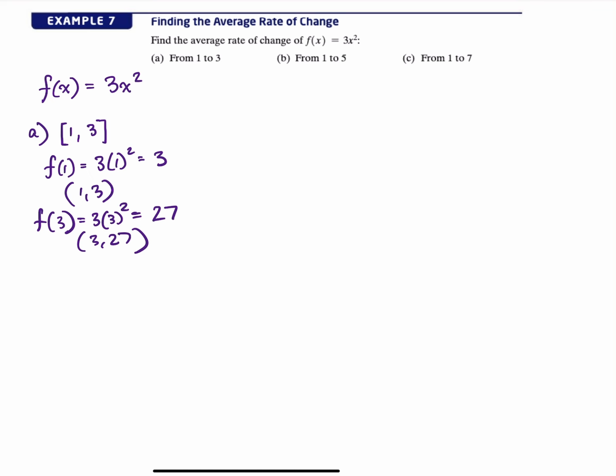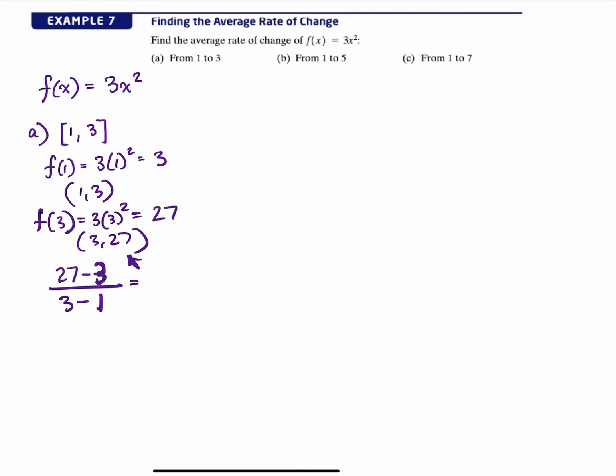So the average rate of change will just be the slope between these 2 points. So I'll take my y2 minus y1, or we can call this f of 3 minus f of 1 over 3 minus 1, x2 minus x1. Oh, this should be a 3 here, sorry.